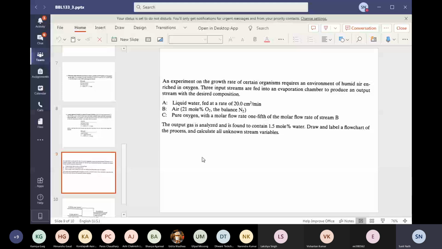By the way, in IIT Kanpur Chemical, we all had to choose certain things. So I had the entire balance for a urea plant. That was one of my real big sheets, and the other was a humidification and dehumidification operation, much more complex than what is given here.